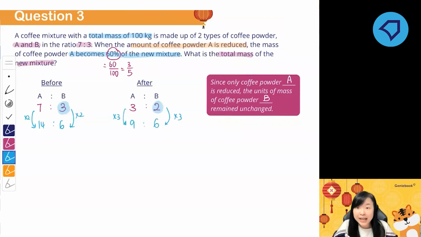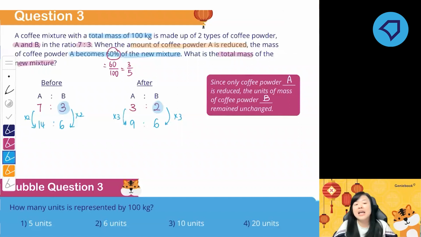All clear until here? Okay, and you double check. Make sure your B is the one that is the same, which is 6. Okay, and now let me see what is the first bubble question. How many units is represented by 100 kg? Everybody refer to my solution. How many units is represented by 100 kg?